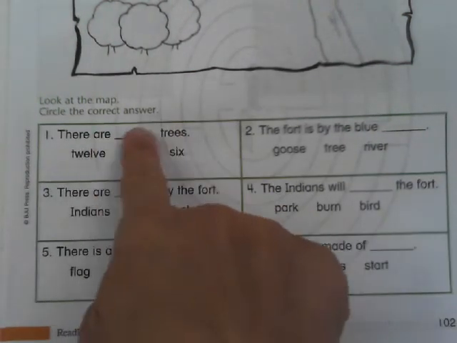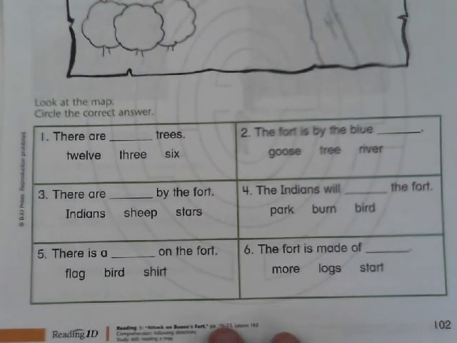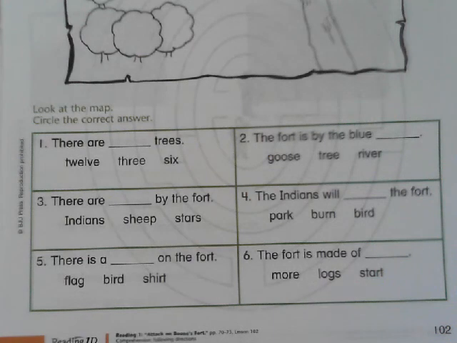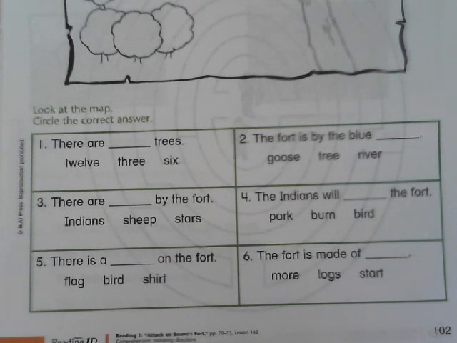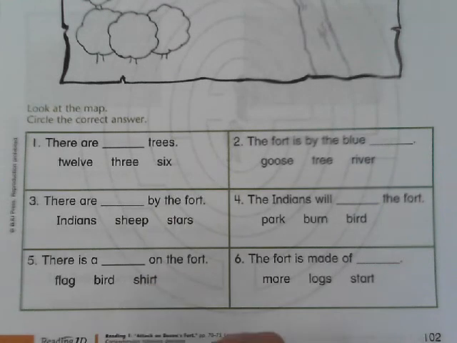We made a little map at the top, and then you'll answer these questions. You don't need to write it on the line, just circle the correct answer. Number 1, there are trees. Circle the number that tells you how many trees. Let's go to number 2. The fort is by the blue. Circle your answer.